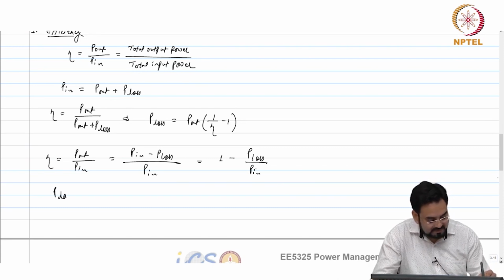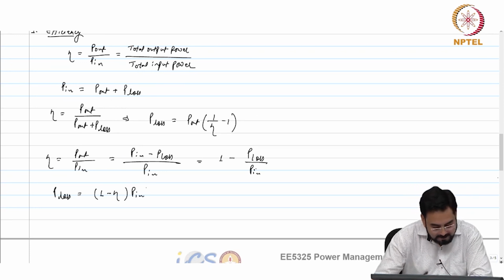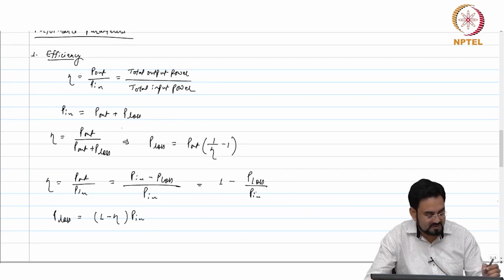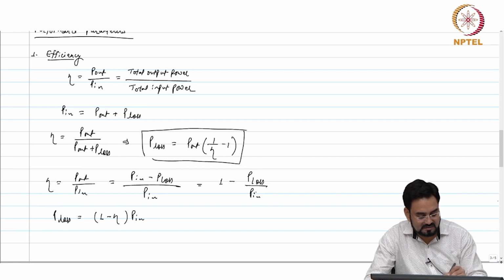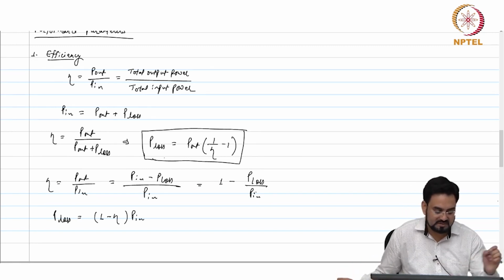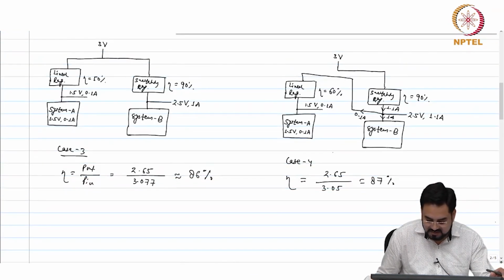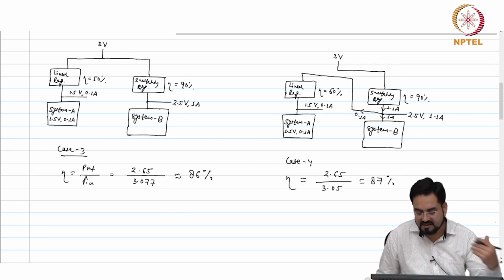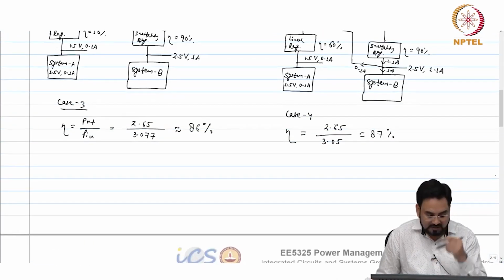Now, my P loss will become, in this case, (1 minus eta) into P in, correct. In most of the cases the P out is known. So, this is the most frequently used formula in order to calculate the efficiency, and that is what we did here actually. We know the output power and the efficiency, 90%, and we can directly calculate the input power, and that is what we did to calculate P in here.